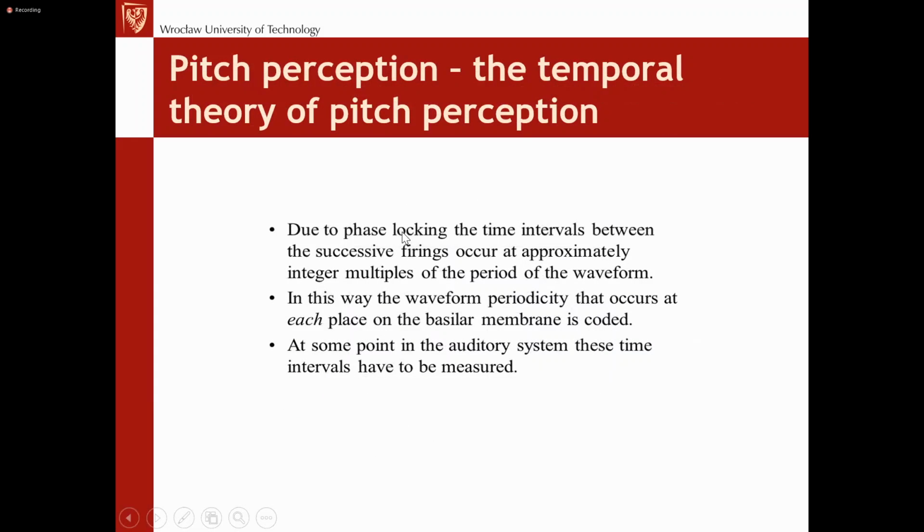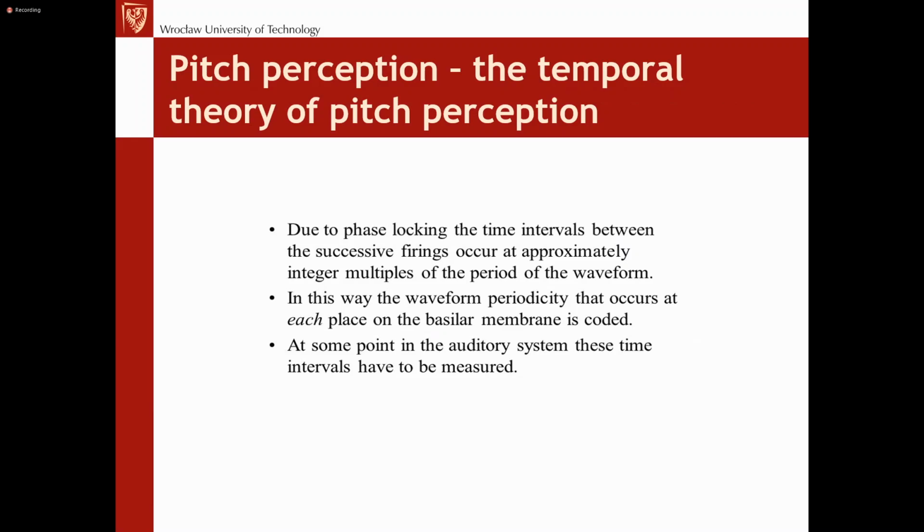The temporal theory of pitch perception is based on the phase locking mechanism and perception of time intervals between successive firings which are produced by the stimuli, and the successive firings occur at approximately integer multiples of the periods of the waveform.